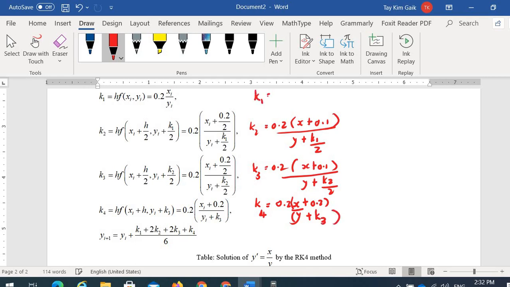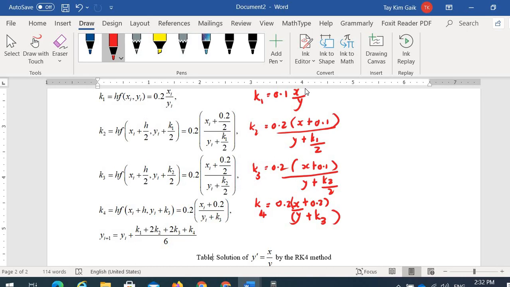So in this case, you input four formulas. Sometimes the function f(x,y) is complicated. When you input these four formulas, later on when you want to search back for the first formula, you may run out of memory, not enough memory.